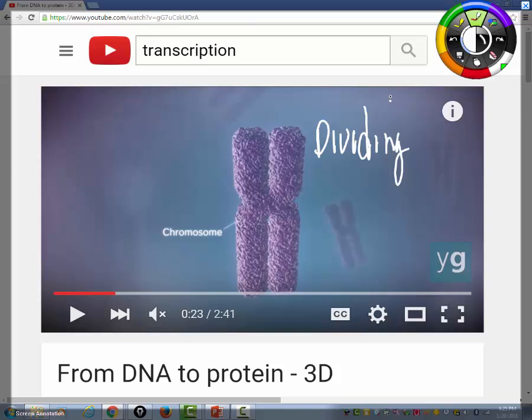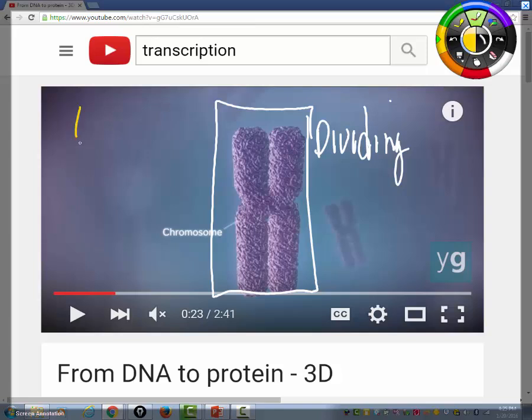So when the cell is on the move, when it is dividing, it's got to take that loose junk that's all over your living room and kitchen, and it's got to package it up. So packaged DNA are in the forms of chromosomes. And the only time you see chromosomes inside a cell is when a cell is actively dividing. So if a cell is not actively dividing and you look in the nucleus, you're not going to see any chromosomes.